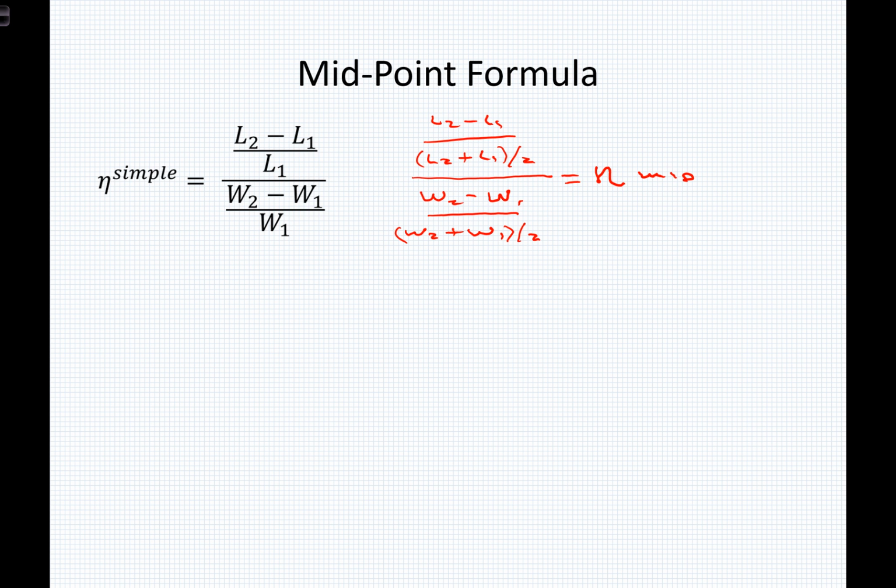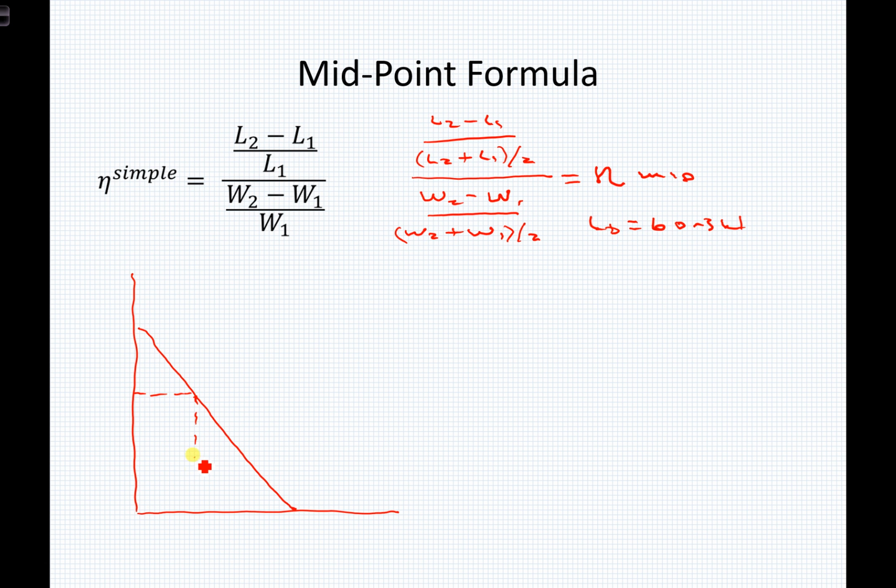Well, what's it telling us? Let's think first about what we would be seeing if we're looking at a linear relationship, like we might have with a labor demand curve such as labor demand equaling 60 minus 3W. And we've used this demand relationship before. If this is a linear relationship, so a straight line, then the midpoint formula is giving us some understanding of the slope of that line.